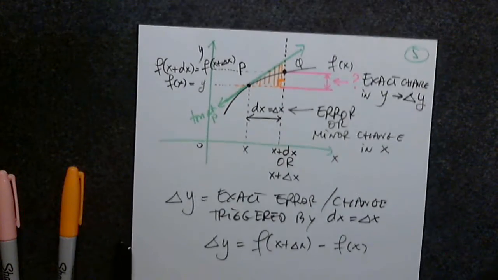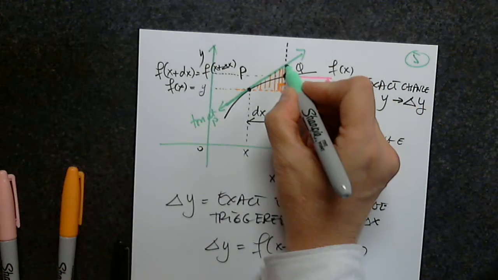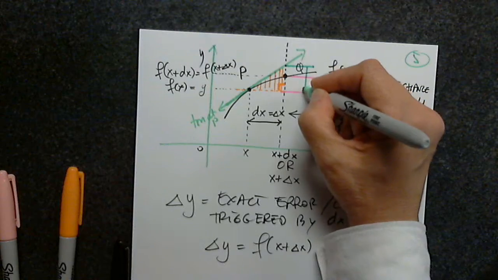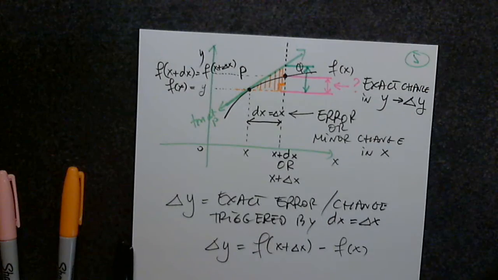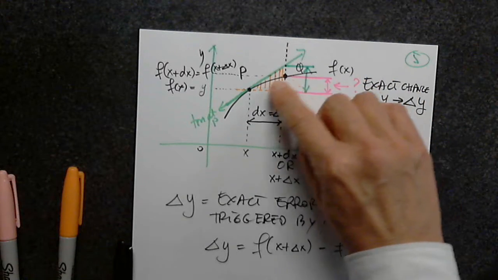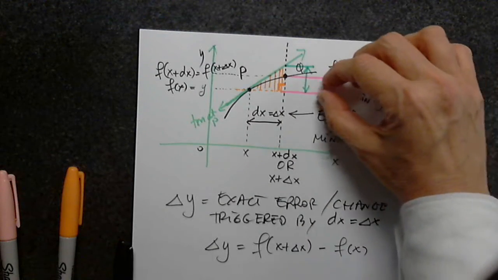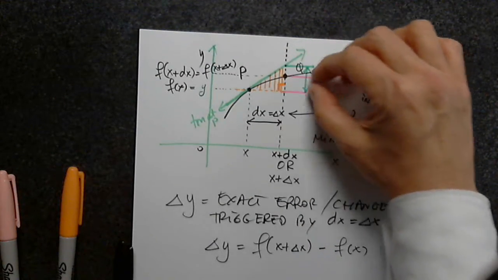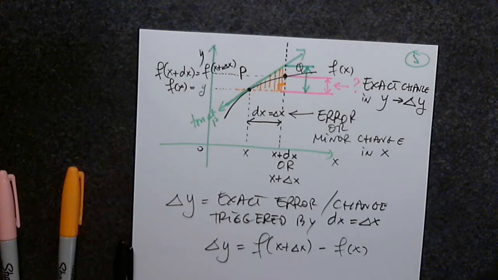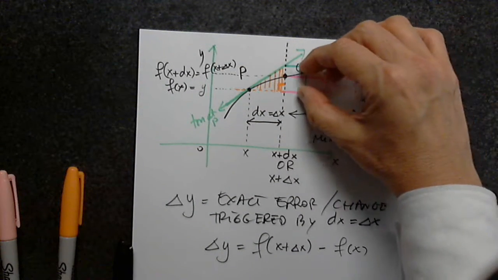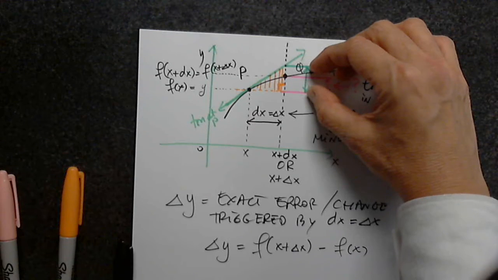Now, my next step is, I would like to determine this. Obviously, this point is on the function. This is the exact difference created by delta x. This is not the exact difference.